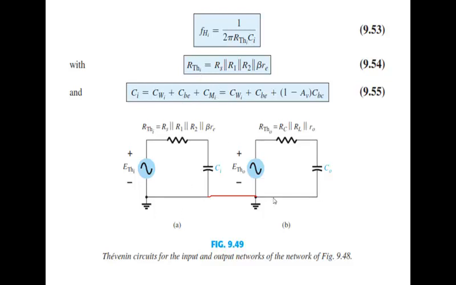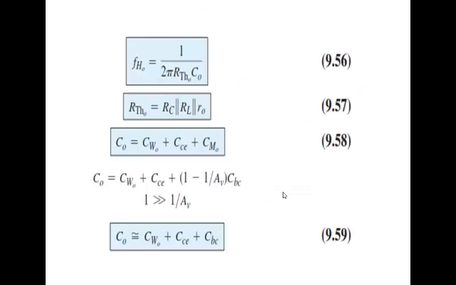Similarly, for the output side, the second cutoff frequency would be equal to 1 over 2 pi R into C. R is R Thevenin and C is C naught. So fH naught would be equal to 1 over 2 pi R Thevenin naught into C naught, where R Thevenin naught is this parallel combination and C naught is the sum of these capacitances, and this is C naught.